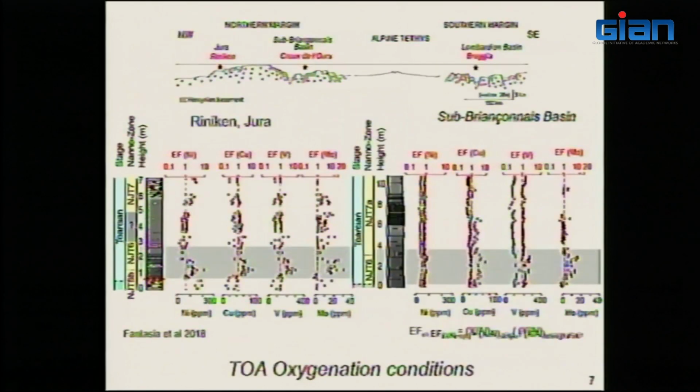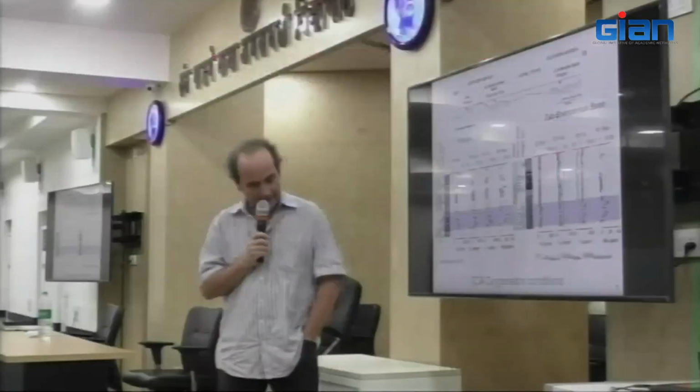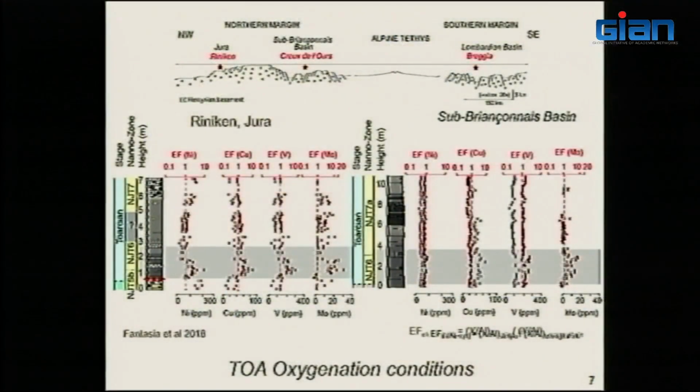And what she did also is to use trace elements to show more or less the degree of oxygenation, or the degree of low oxygen condition, I would say. And here I told you that there are different elements that can be used in order to see the level of oxygenation of the rocks.